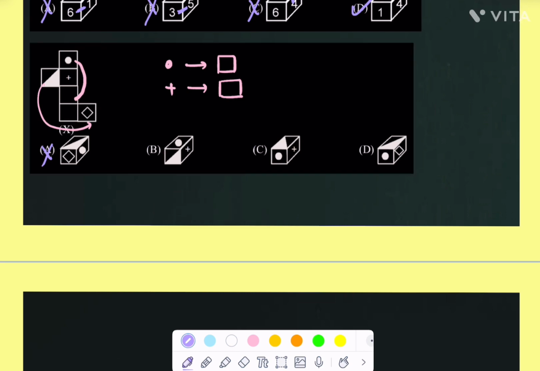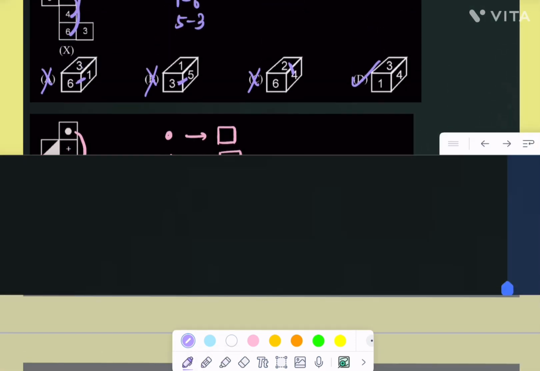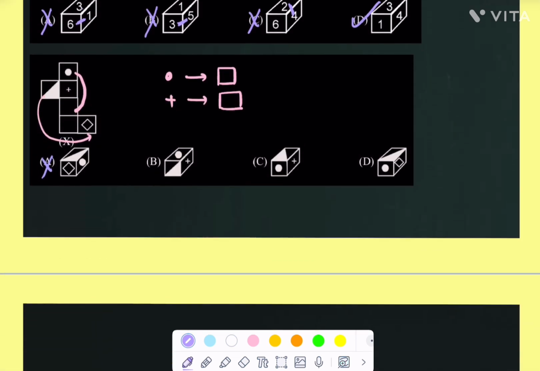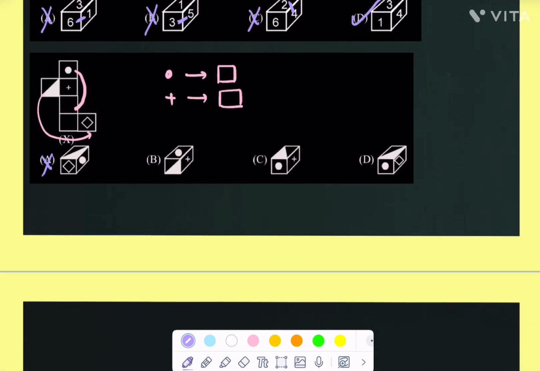And see option B also here. In option B, the triangle, dot, plus are adjacent to each other, right? So these are adjacent only, but clockwise or anti-clockwise we can check when it is not cancelling out finally. And the third option we'll also check once.